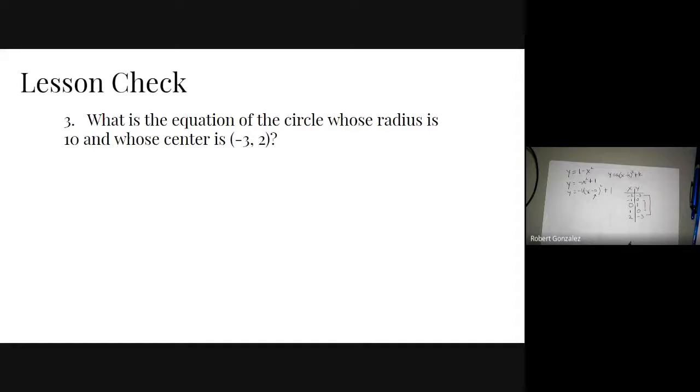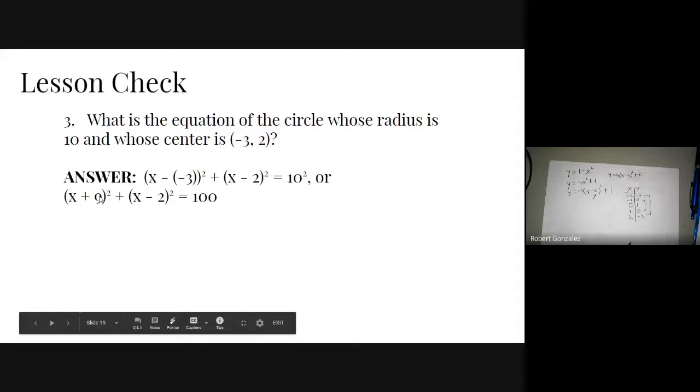Okay, they're looking right. Here's the answer up on my screen. There's how you show the work. (x minus 3) squared plus (y minus 2) squared equals 10 squared, or after simplifying it. And that is a mistake, I'm telling you right now. This 9 should not be there.